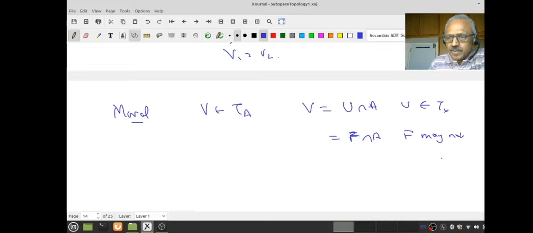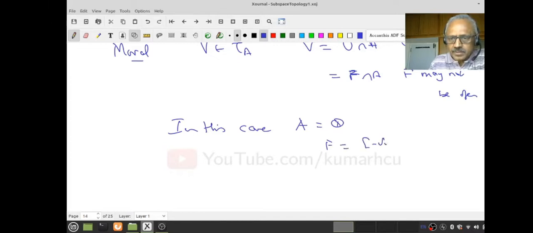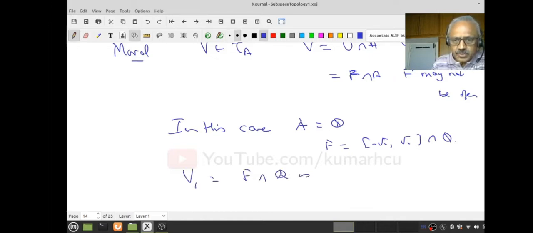In this case, where A equals Q and F equals the closed interval from minus square root 2 to plus square root 2, then my V1, which is F intersection Q, is open and closed in tau_Q, the subspace topology.